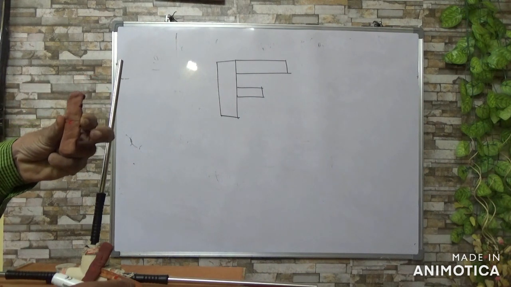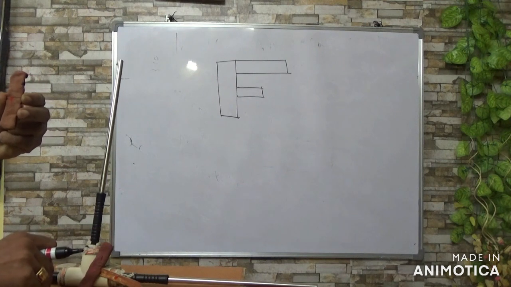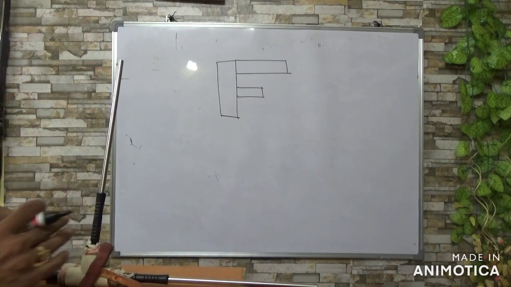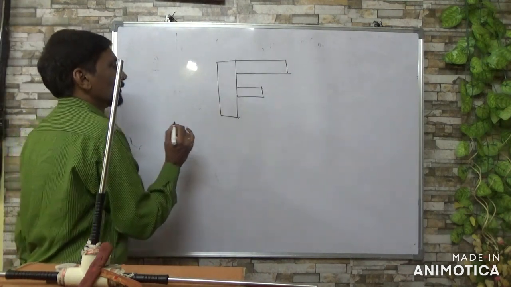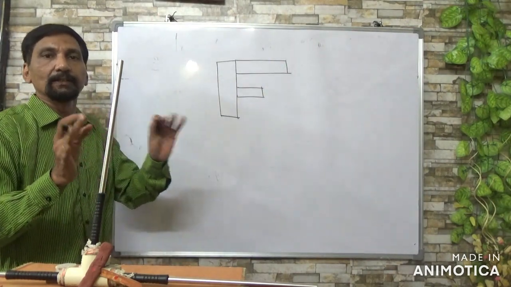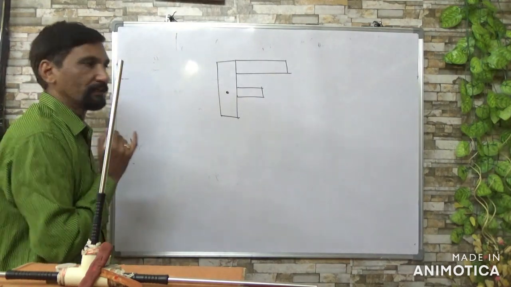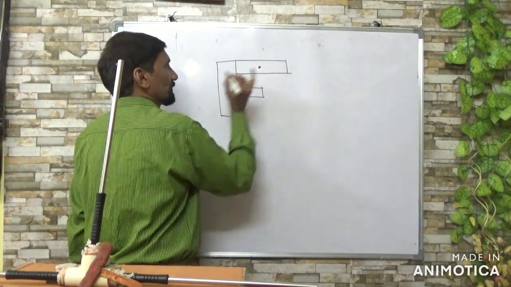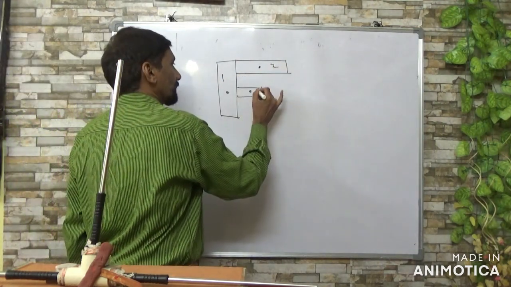It is one block, this is another block, second block. In the beginning mass is equally distributed, so this is the geometric center of the first block, second, third.